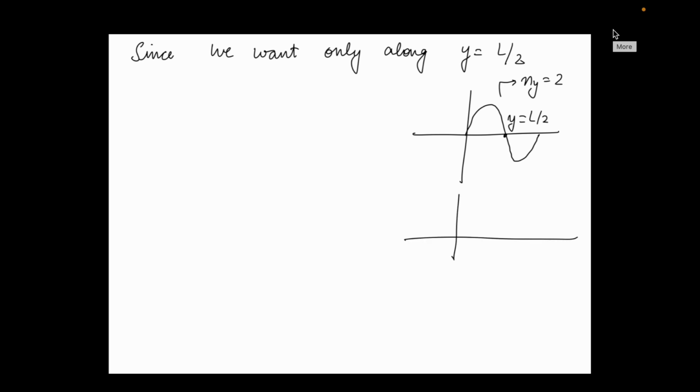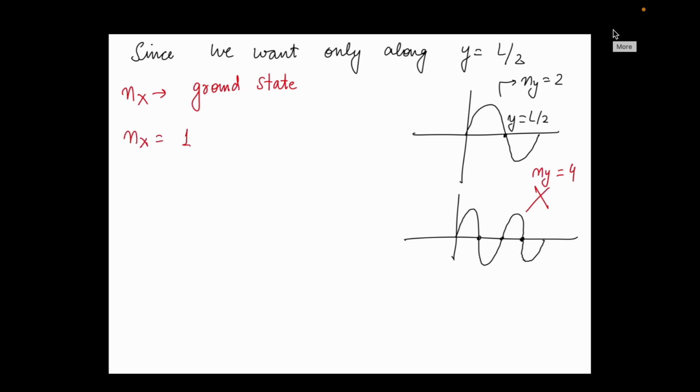But for ny equal to 4, there would be 3 nodes, so that is not the one we want. Even for nx, we just have the ground state, nx equal to 1. So considering all this, nx equals 1 and ny equals 2.